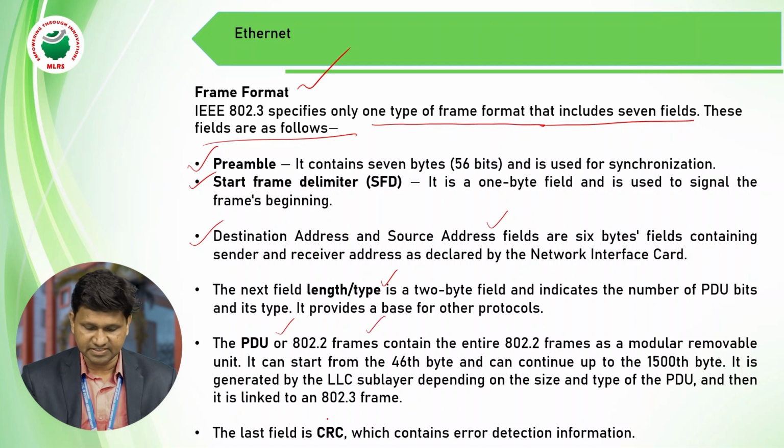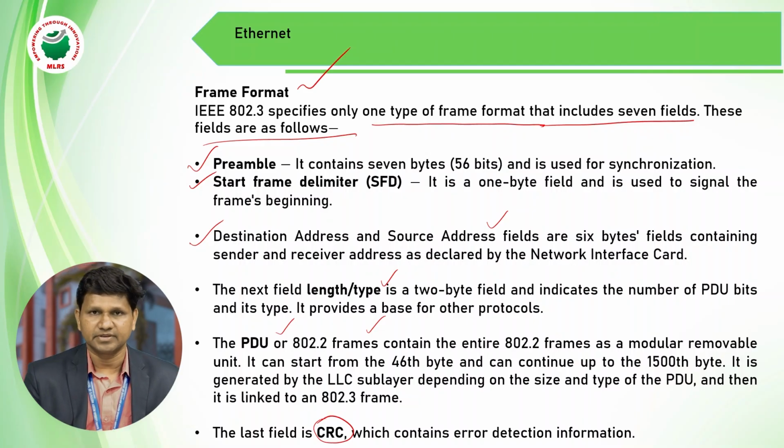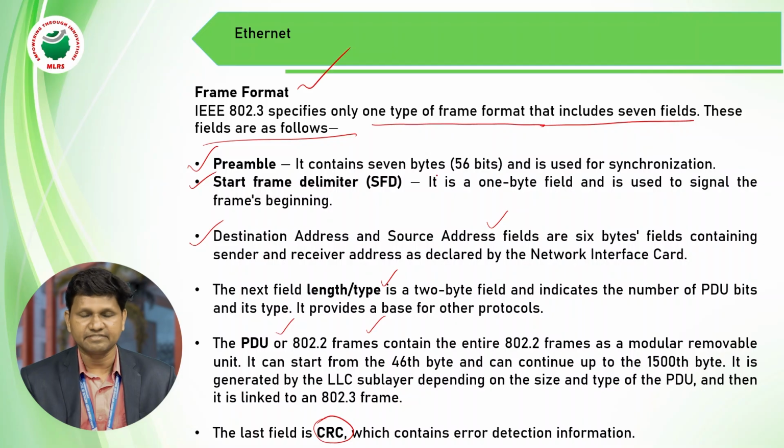The last field is CRC. CRC plays a vital role in computer networks. Now, the preamble contains 7 bytes, 56 bits, as we know, and is used for synchronization. Next, the start frame delimiter, SFD, is a 1 byte field and is used to signal the frame's beginning.